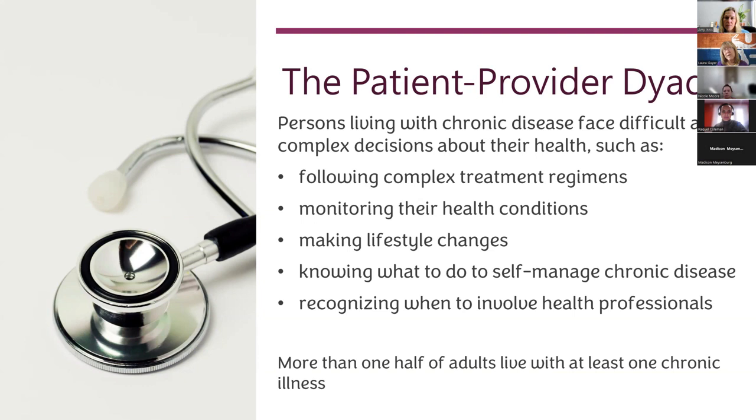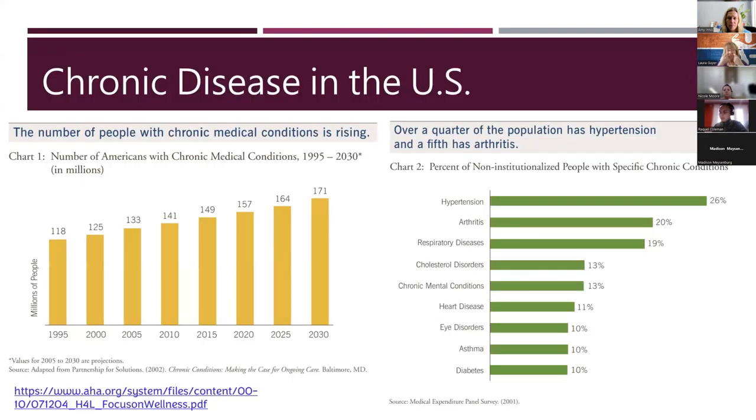They have to monitor their health conditions. A number of people have to make lifestyle changes. They have to maybe follow dietary restrictions or medication management. Maybe they have to monitor their blood sugar. They have to count calories. They have to watch the amount of sodium or salt that they take in. They have to recognize when they need to involve a health professional with regard to their symptoms.